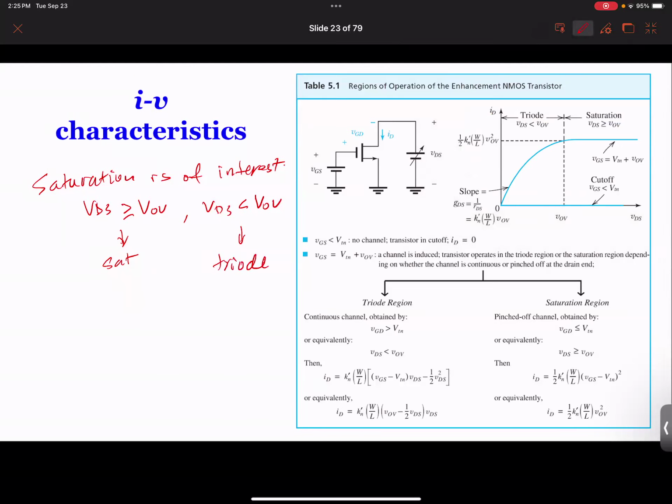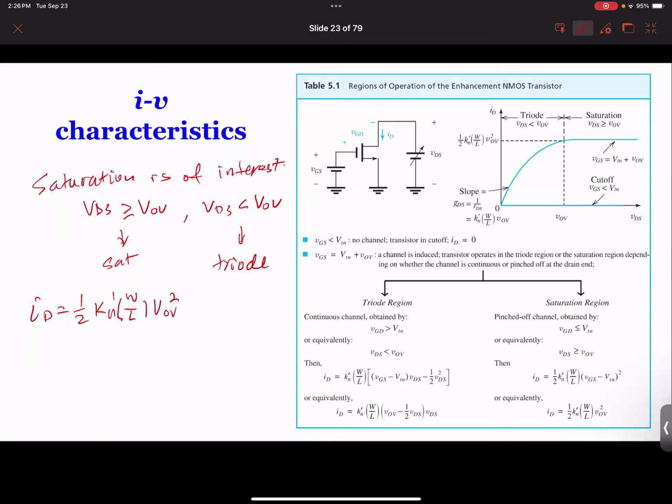It is in the triode region. So now these two equations are given, and in the triode region the equation is going to be very different from the saturation region. In the saturation region, we have a current ID equal to 1/2 Kn prime times the width to length ratio times VOV squared.